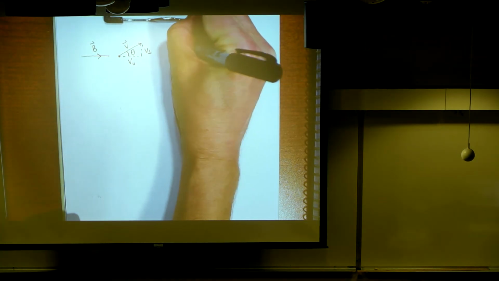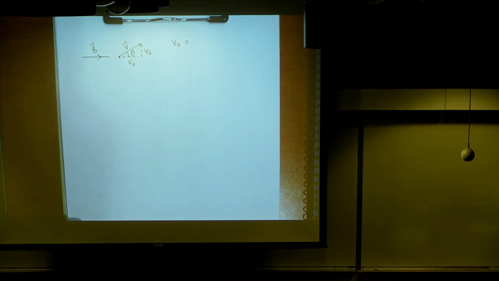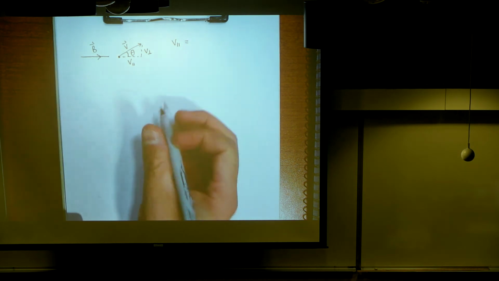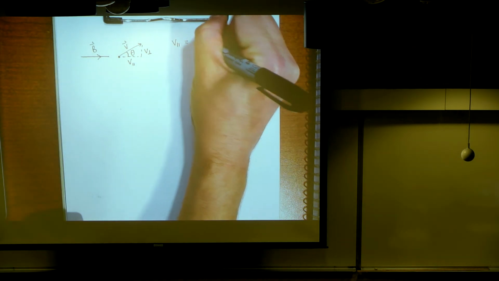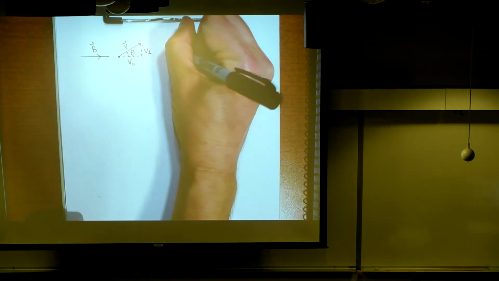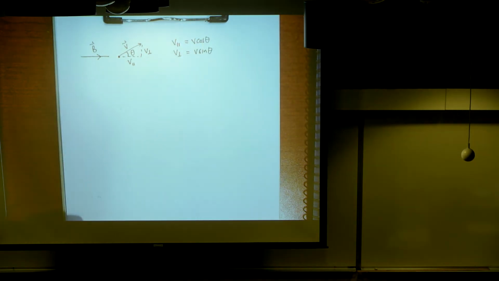So let's just remember the sines and cosines. What should I get for v parallel, just symbolically? V sine theta, or cosine theta. Yeah, so this is the adjacent side. So v parallel is the speed v times cosine of the angle theta. V perpendicular, that one goes with sine, right? Okay?